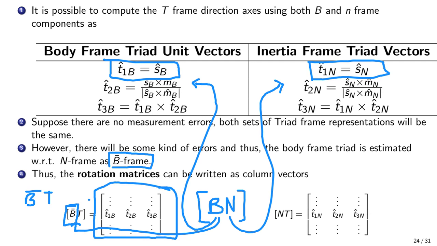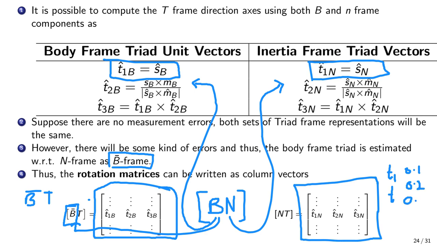So you're going to have your T1, your B, T1, then T2, am I right? These are values, so let's say 0.1, 0.2, and 0. I'm just assuming values here, please don't get me wrong.